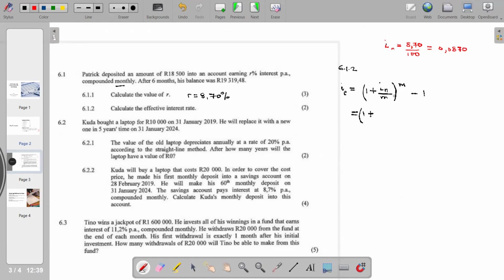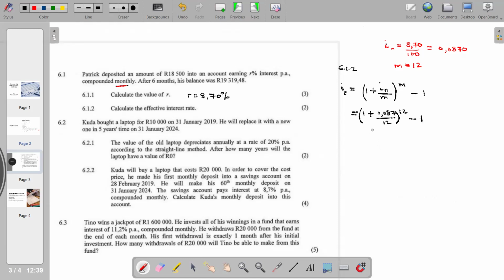So that's the nominal rate, and that's what we are going to substitute. And our m is representing the number of compounds. We are told monthly here, so our m is 12. So substituting that, we are going to have 1 plus 0.087 divided by 12, raised to the power 12, minus 1.